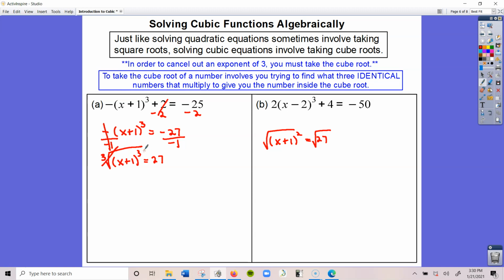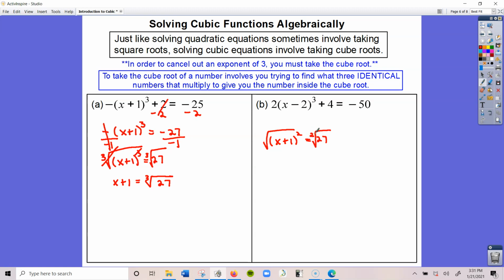Well, first of all, this cancels out with the exponent, and we have to do the same thing to the other side. So we have x plus 1 is equal to the cube root of 27. To figure out what the cube root of 27 is, the same thing as with the square root. Even though we don't see it, this is a 2.